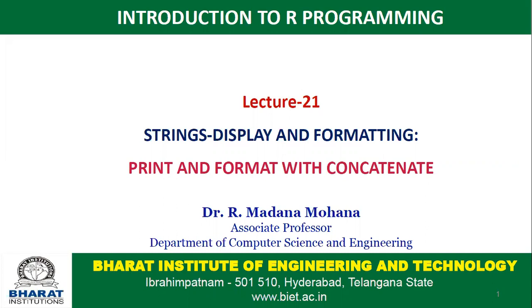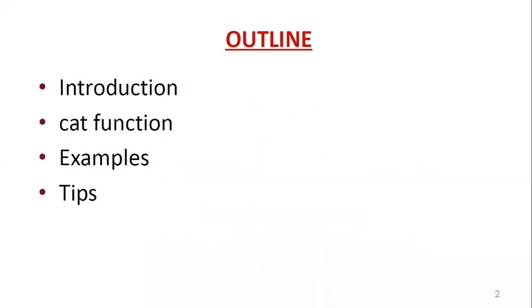In the previous lecture, we discussed the print and format functions. Now we will see, with the same combination of print and format functions, how concatenation will be used. Coming to the outline, first we will see the introduction: why we have to use the concatenate function, and what the limitations of the print function are.